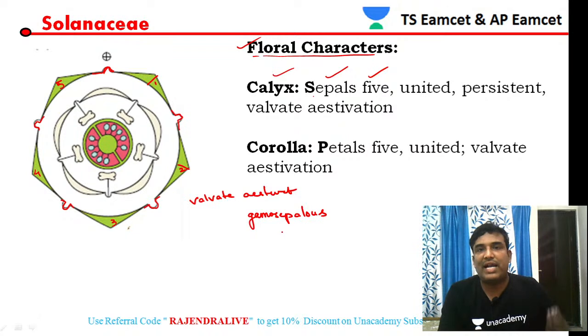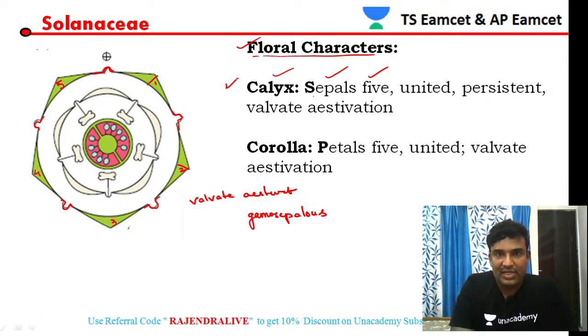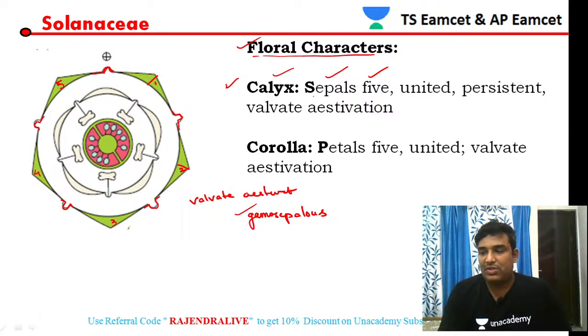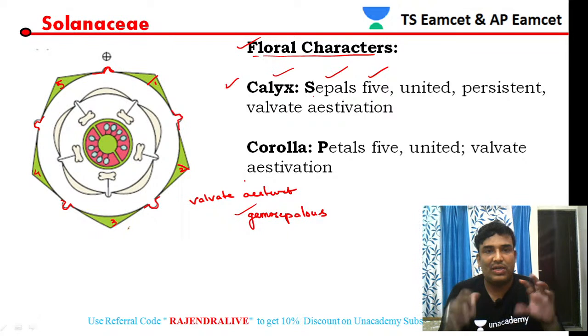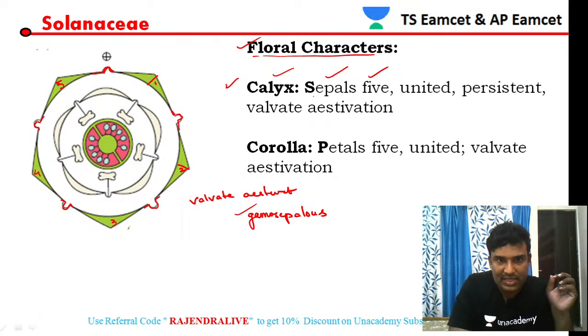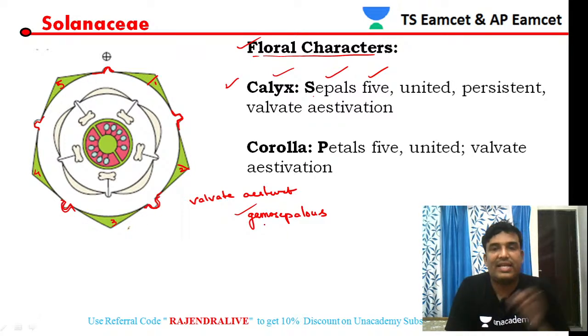Why are they gamosepalous? Because one sepal is connected to another sepal, and this sepal is connected to another, and so on. So such a condition is called gamosepalous. That is about the calyx.